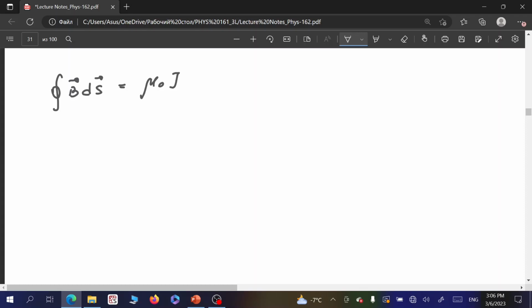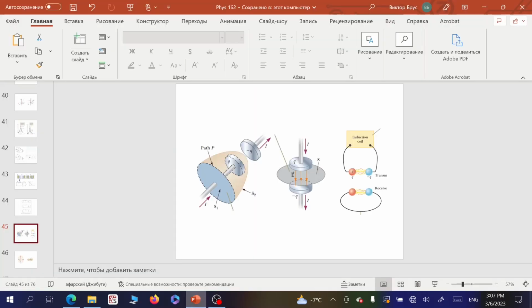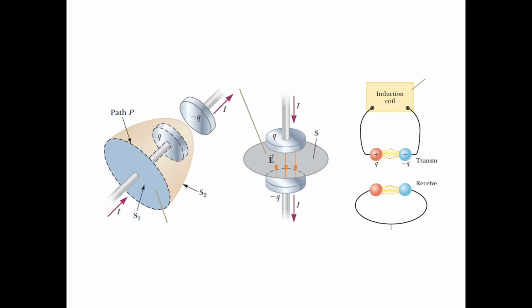So now let us take a look at this slide. So what do we see here? We have some current which flows through the conductor and capacitor. So now we consider this closed path. And it's possible to consider two surfaces, like one surface S1 blue and this orange S2.